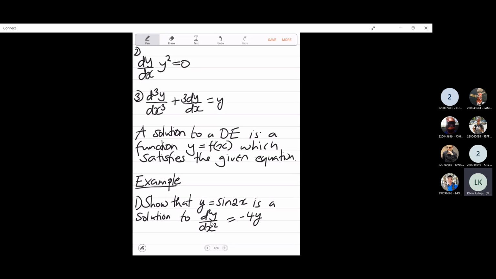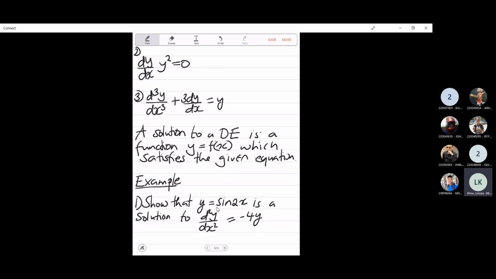Okay, so this is what we want to show. So we will substitute it in there and show that the left-hand side is equal to the right-hand side. This is the second derivative, so we have to differentiate it twice and then work this one out.